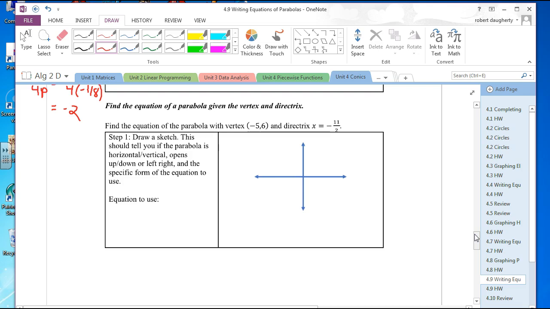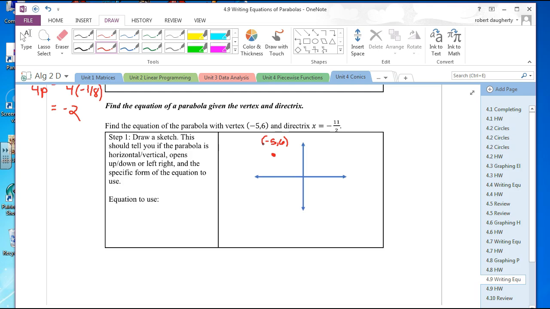So the vertex is at negative 5, 6. What is negative 11 halves? That's negative 5.5. So that means the directrix is going to be where relative to that point? To the left of that point.